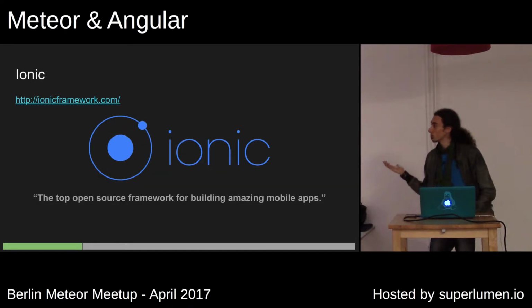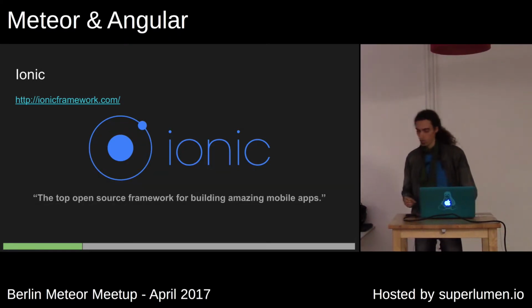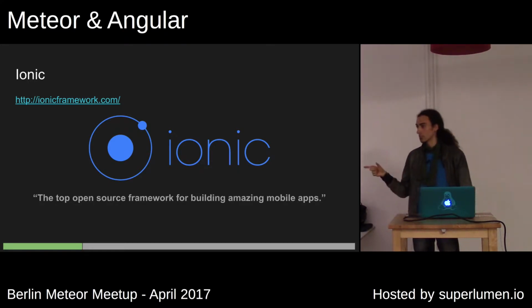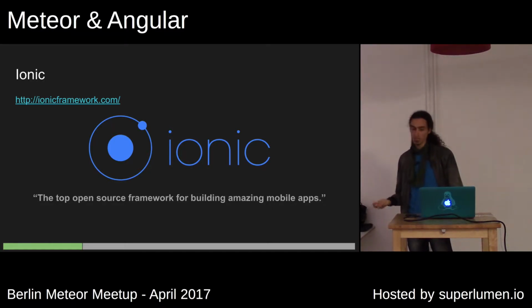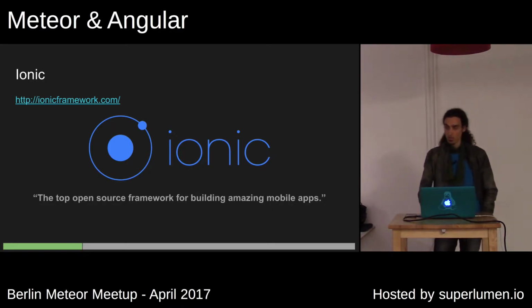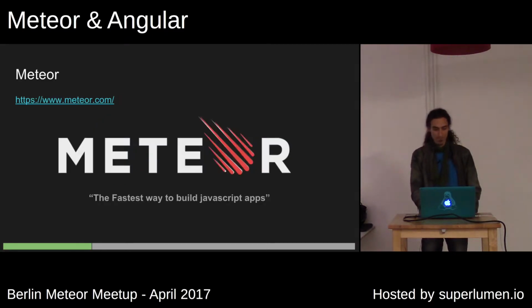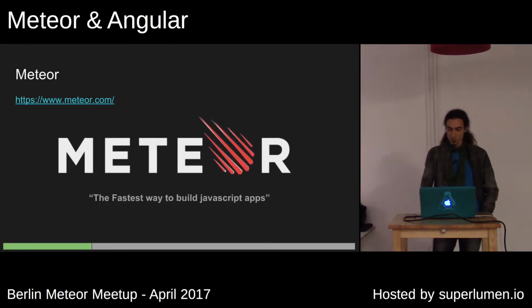And I will show you a demo of how that looks in practice. So you can think of it as a framework on top of Angular to provide features for making apps mobile and having a consistent look across devices. Good. So much for Ionic.